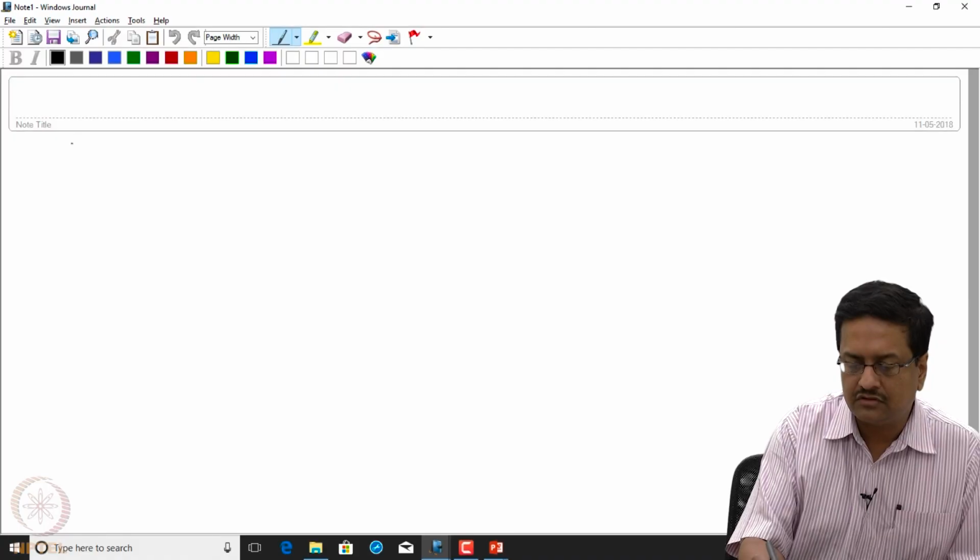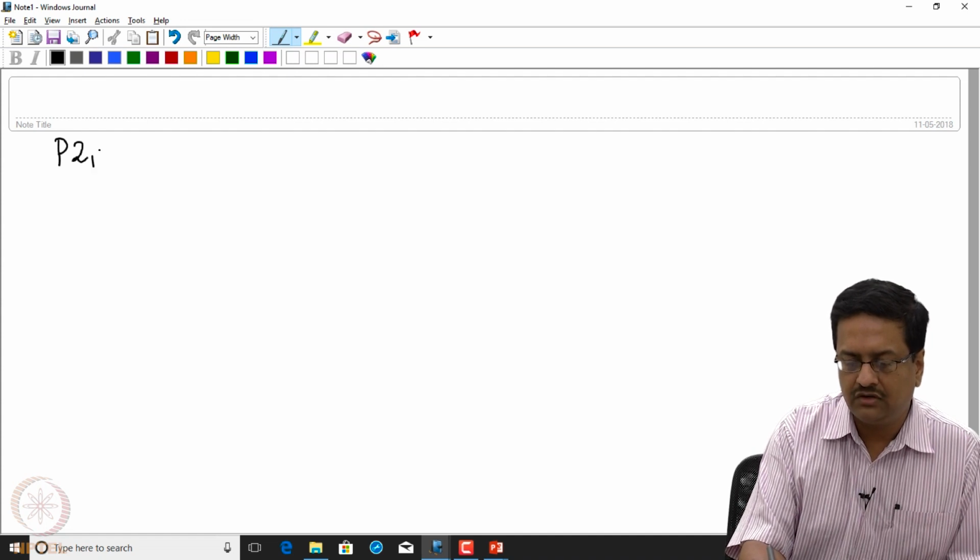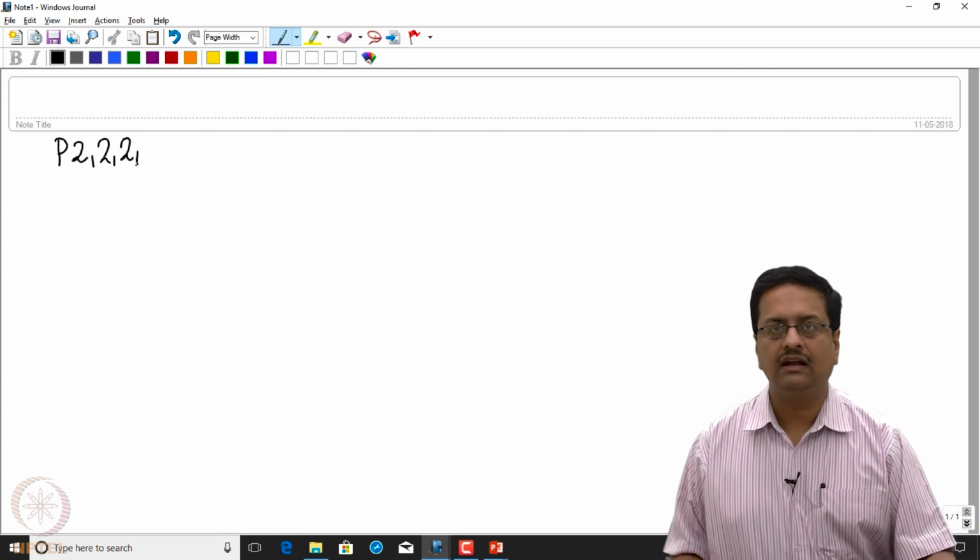So now let us see some of the orthorhombic space groups which we encounter every now and then. The most frequent orthorhombic space group that we encounter is P212121. What does it mean?